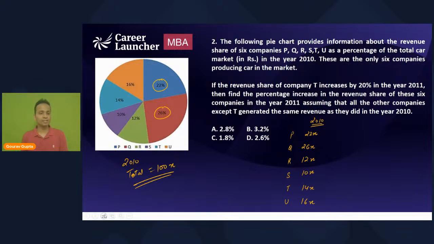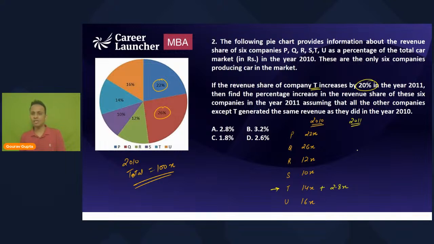Now, further, they have given that from 2010 to 2011, the revenue share of company T increases by 20%. So company T is 14x. Now 14x increased by 20%. अब इसका 20% कितना होता है? 14 का 20% is 2.8x.